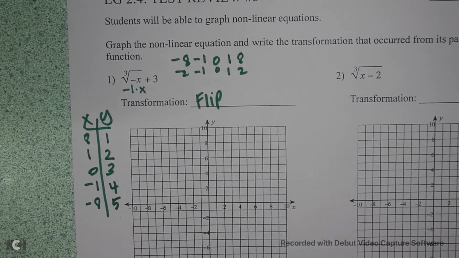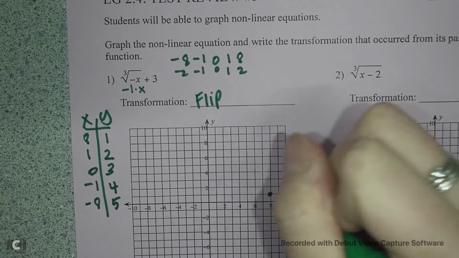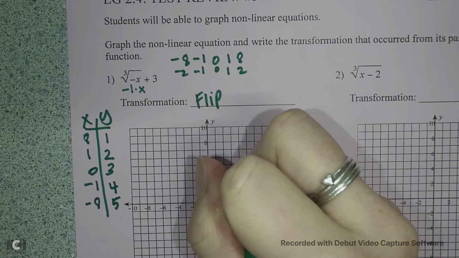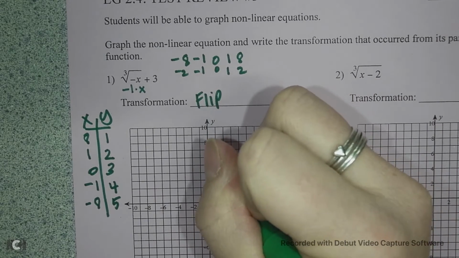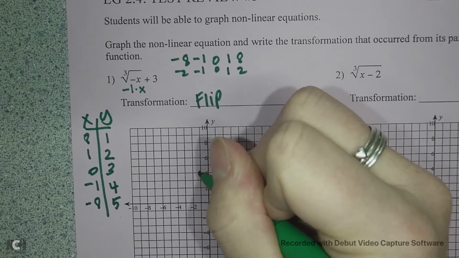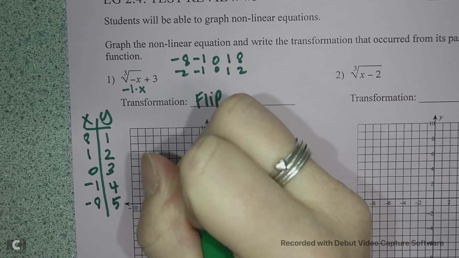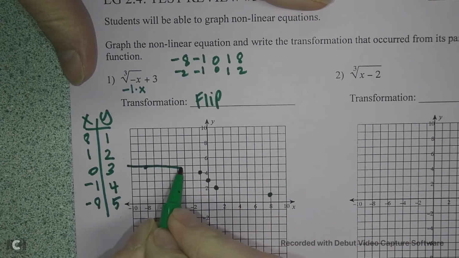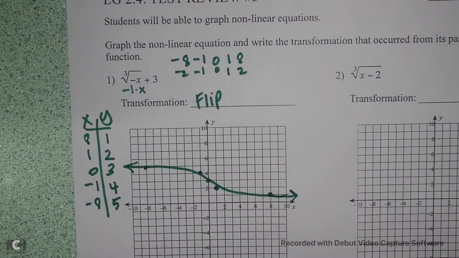So then we graph. We have a dot at 8, 1, and then 1, 2. And then 0, 3, -1, 4, and -8, 5. So there is my cube root graphed. So fancy.